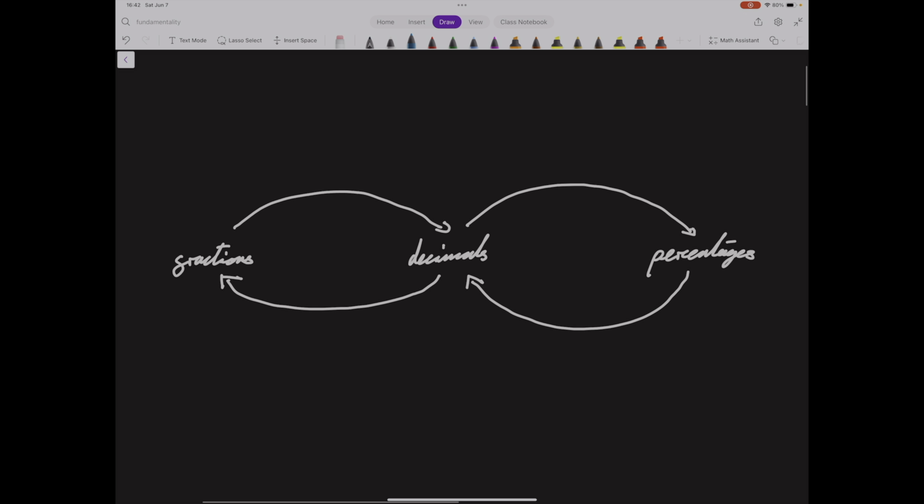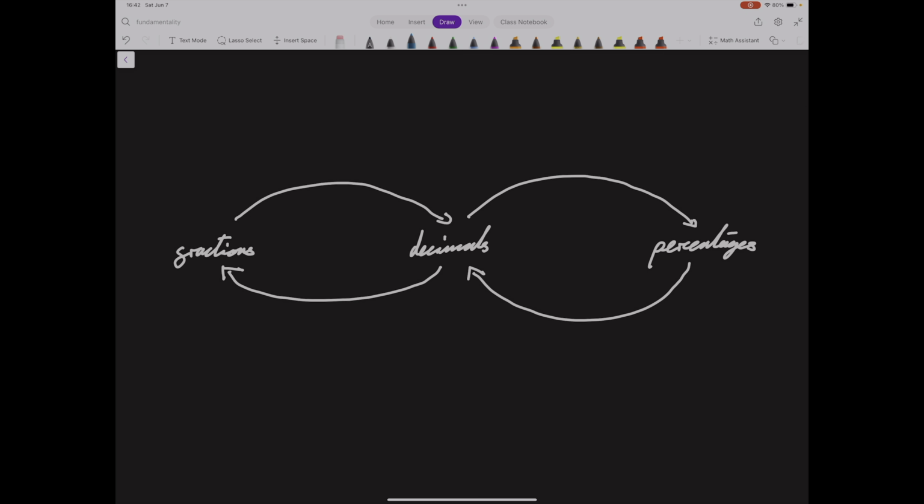Okay, so just to recap one last time, to go from fractions to decimals, you want to divide numerator by, well, we could just put numerator divide denominator. Yeah, that's what you do.